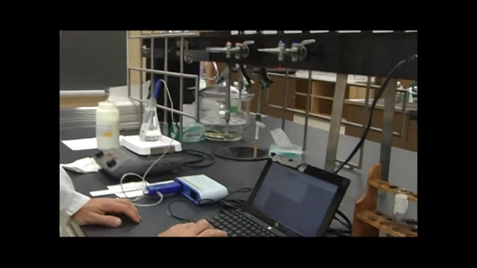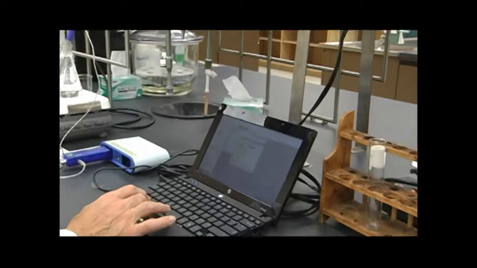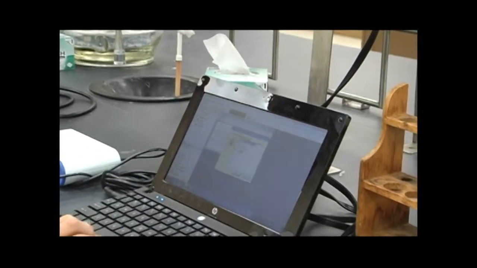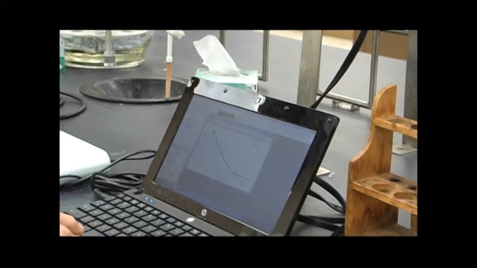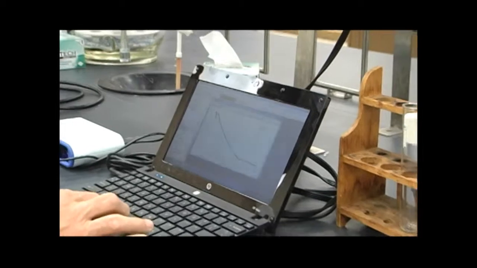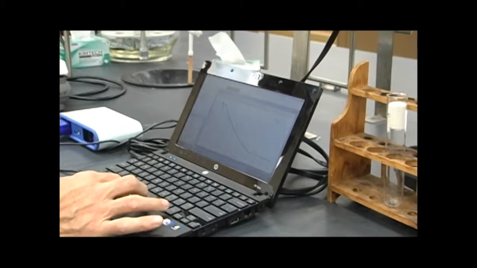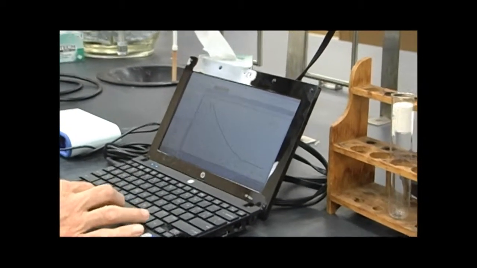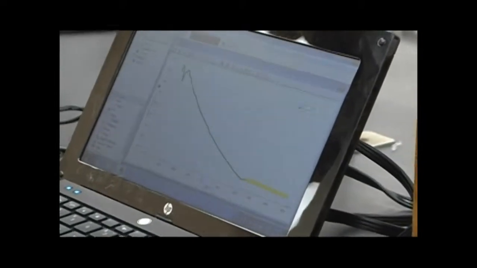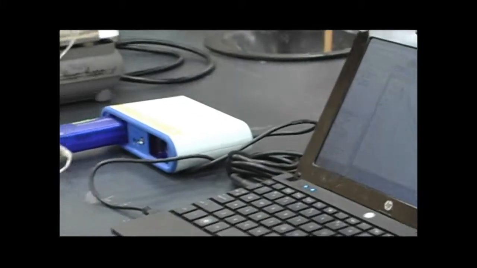We're going to look at the graph of the freezing point of the solution. And here it's not quite as nice and flat, but there's the plateau for the freezing point of the solution. And we determined that to be, what was it, 36.9 or so.